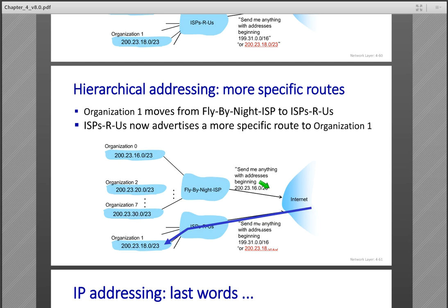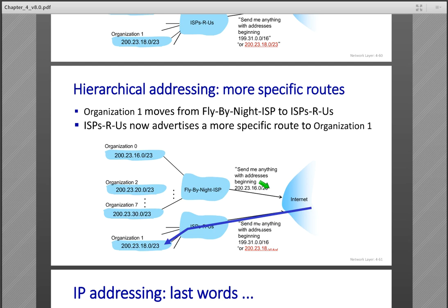More bits are matched. We call it longest prefix match, or LPM, longest prefix match.